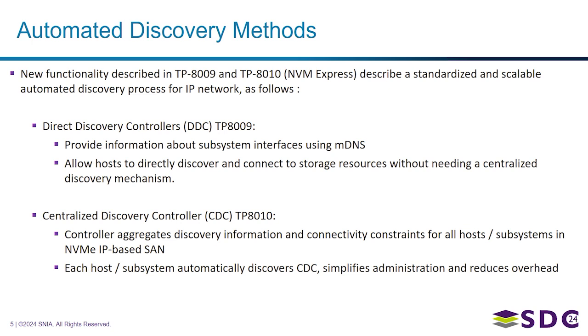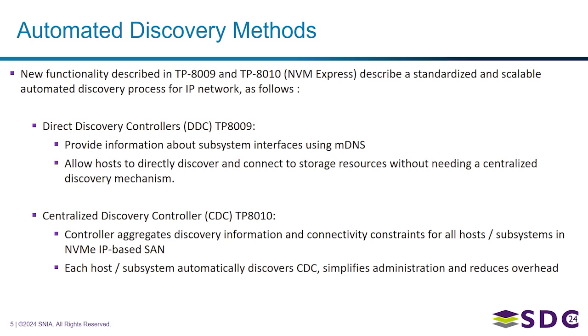So as an overview, DDC provides the information about the subsystem interface using mDNS, which is multicast DNS. Using mDNS, it allows a host to discover and connect to the storage system without needing a centralized system available.